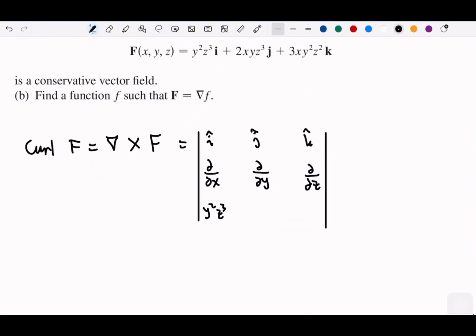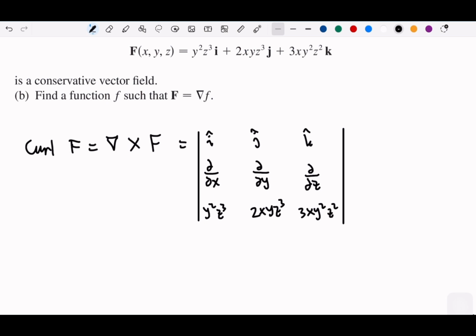But if you still need to write, you can just write the determinant like this. Okay, I will write here 3xy squared z squared.